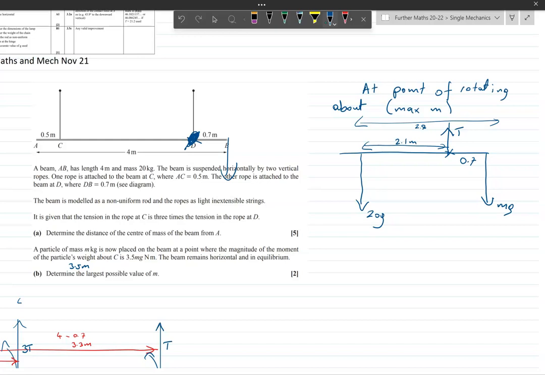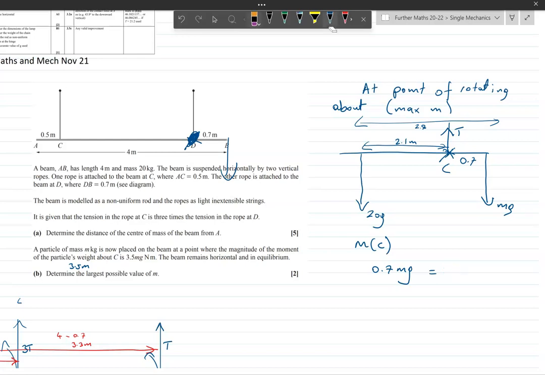So we can take moments about C. These two moments have got to counteract each other. We have 0.7 times mg must be counteracted by 2.1 times 20g.